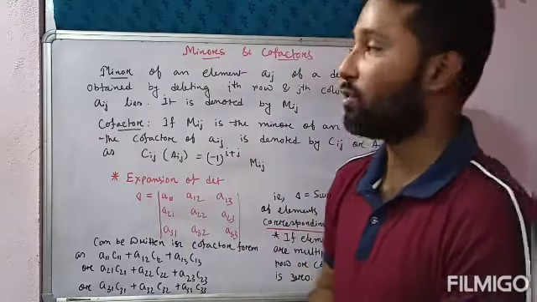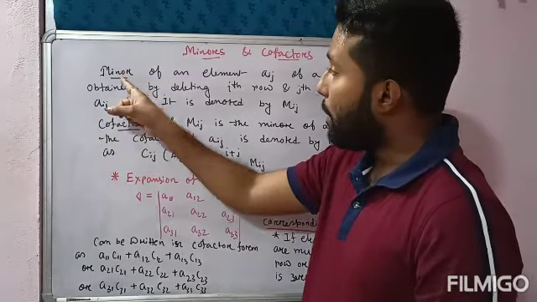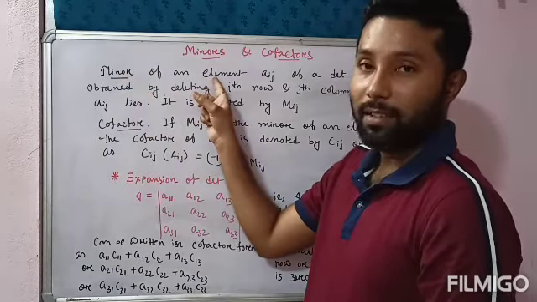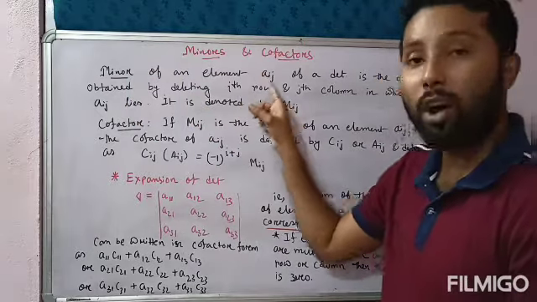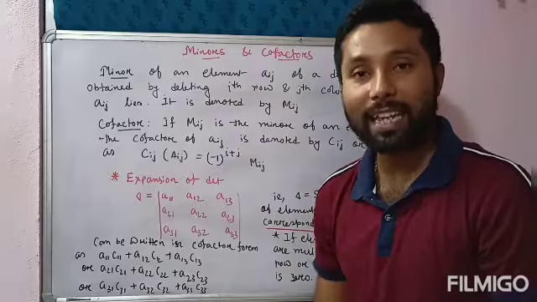So the definition of minor: minor of an element. Listen carefully. Minor of an element Aij. We all know that an element is denoted by small letter Aij.